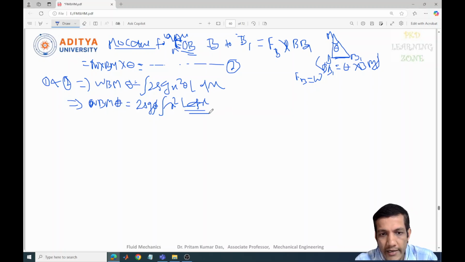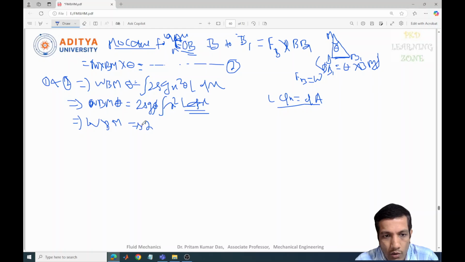Now this L dx is the elemental area on the water line, so we write dA, length into the width. So again we can write W BM equal to rho g into integration of x square dA.